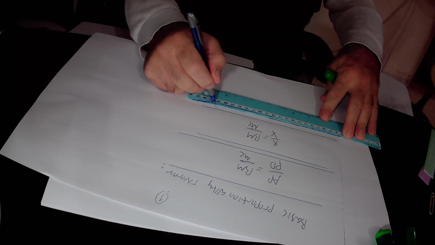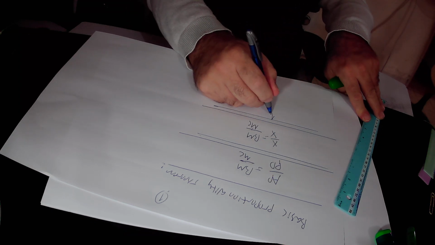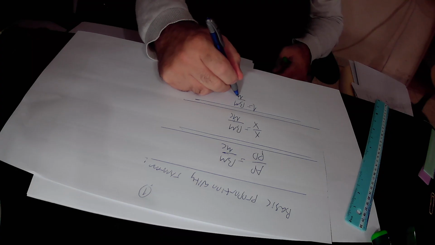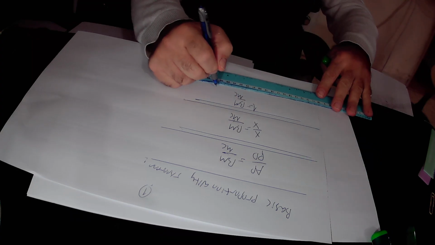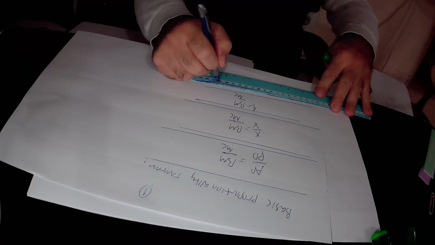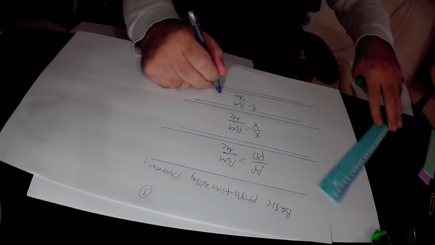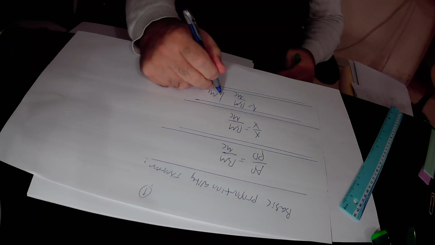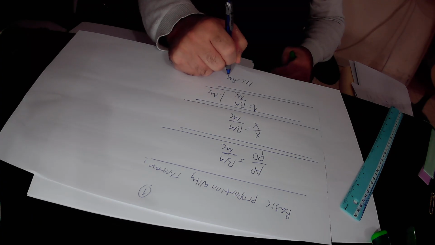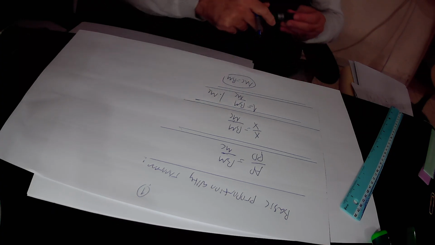X over x is 1, so 1 equals BM over MC. Here we will multiply this equation by MC, and finally we get that MC equals BM, or BM equals MC.